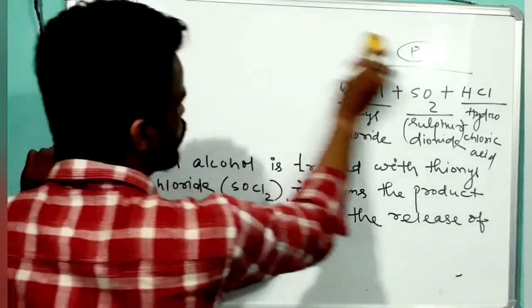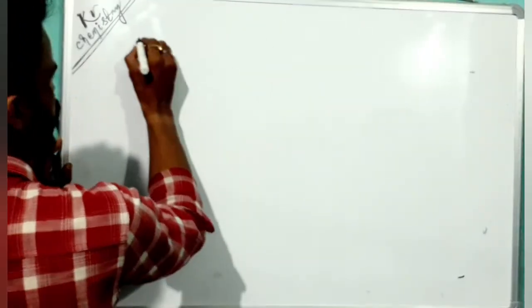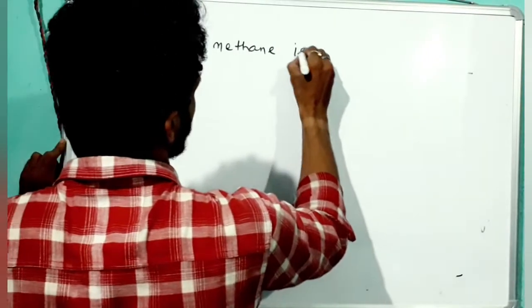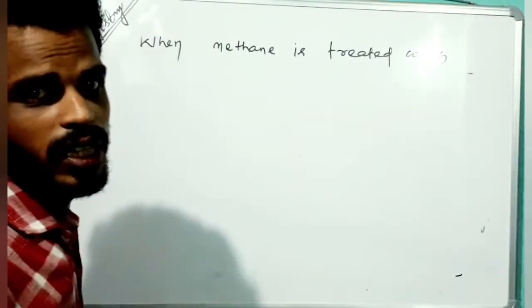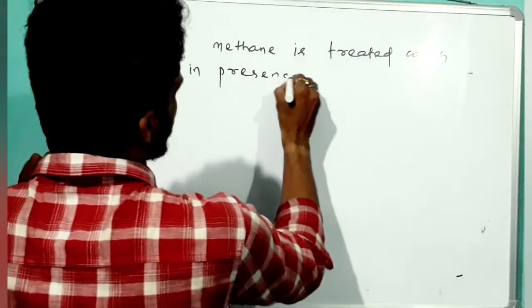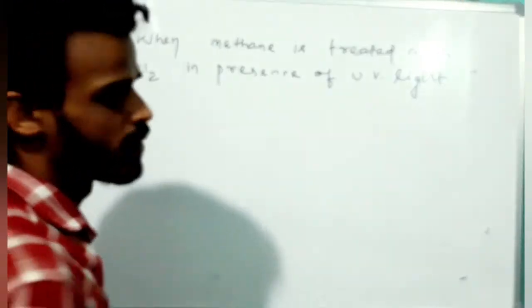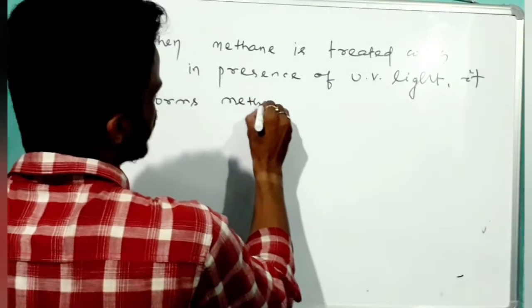See, if you know the theory, that is, when methane is treated with chlorine in presence of UV light, it forms methyl chloride.